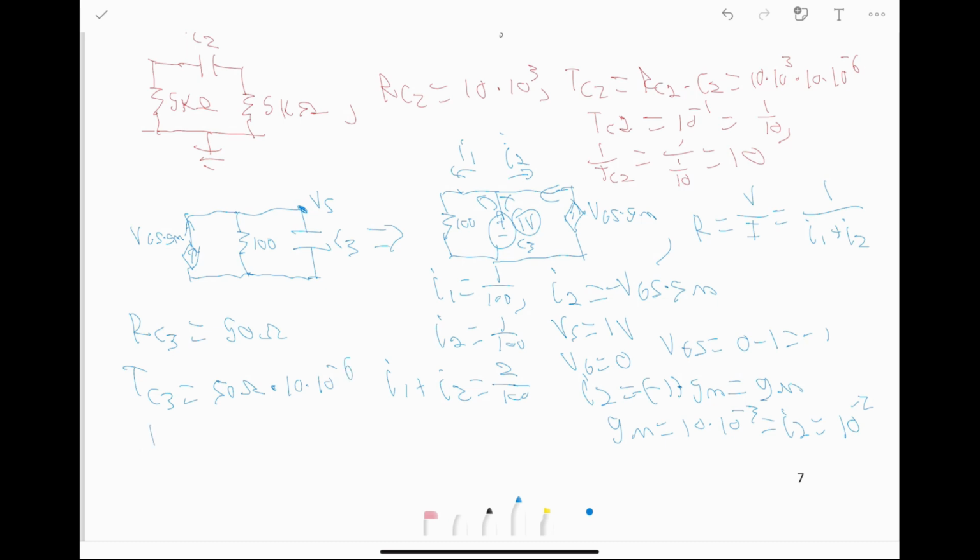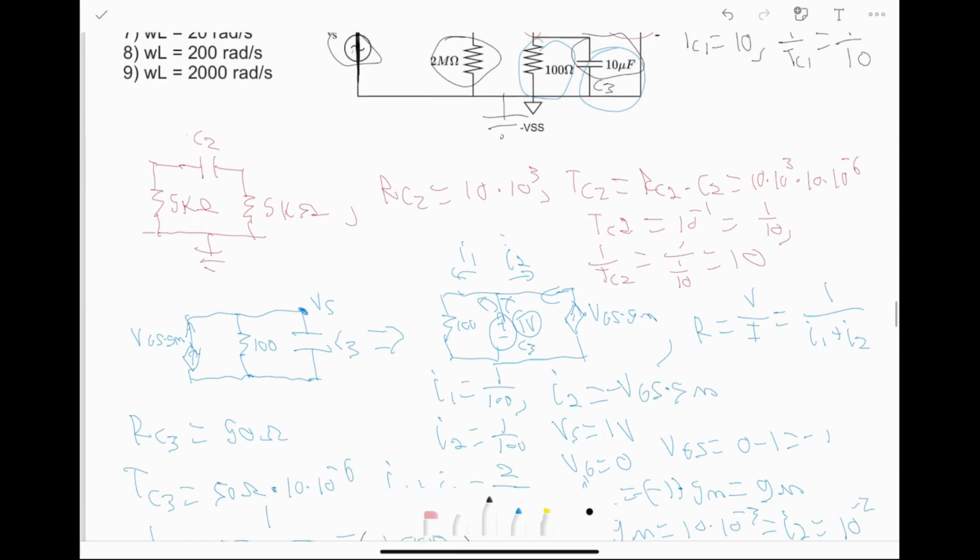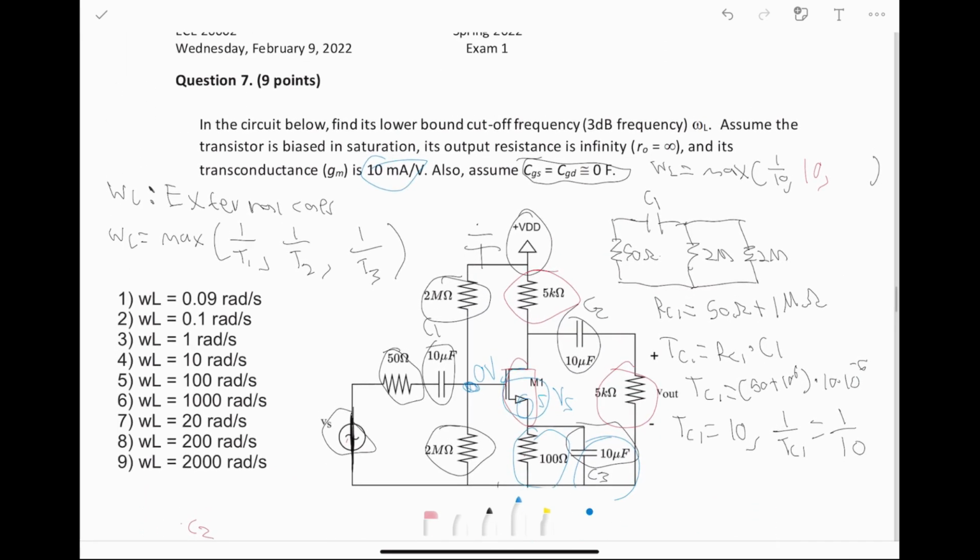We can then say the inverse of tau C3 is going to be equal to 1 over 500 times 10 to the negative 6, if I simplify a little bit, which is equal to 2,000. That is our answer for our last omega L value. We can see pretty obviously that 2,000 is the maximum value in the set of omegas that we found. So 2,000 is our answer.